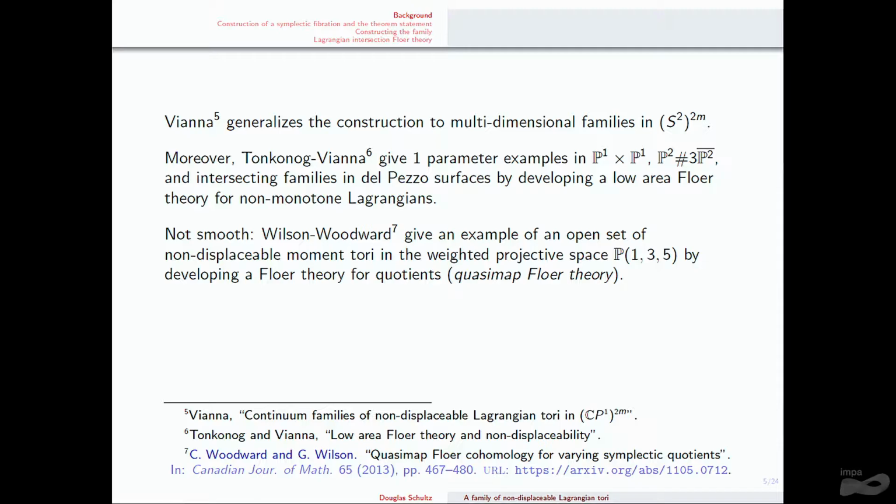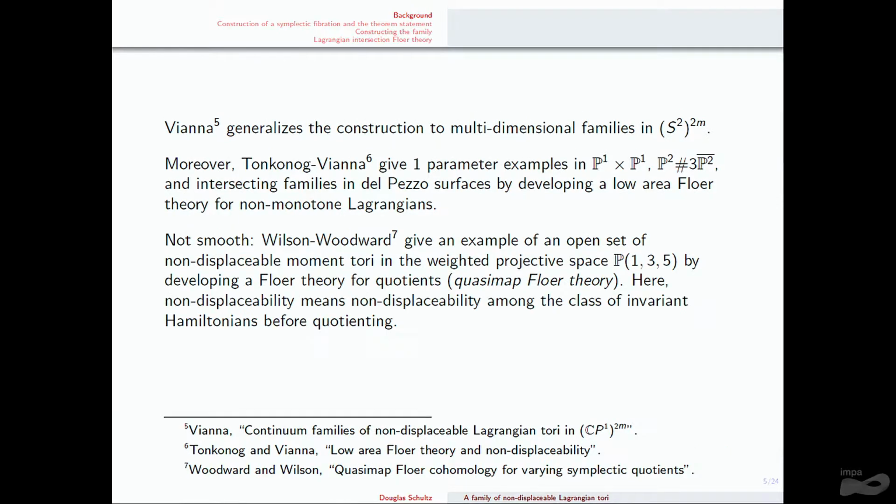They use quasi-map Floer theory, which you can also call gauge Floer theory: basically, Floer theory for reductions and nice quotients. Here, non-displaceability means non-displaceability upstairs among the class of Hamiltonians invariant with respect to the group action.